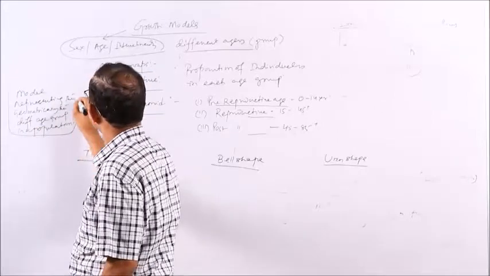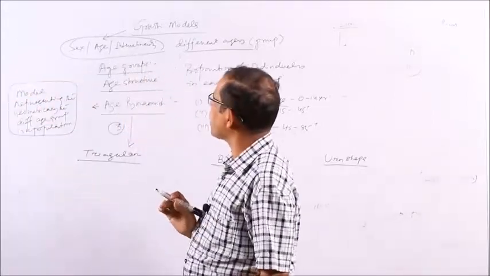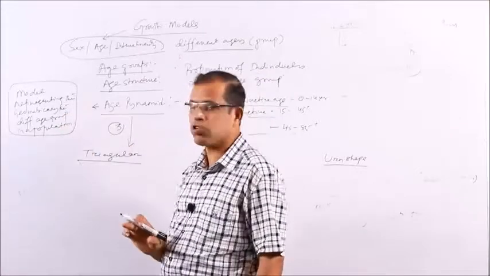So, the age pyramid is a model representing geometrically the different age groups in a population.